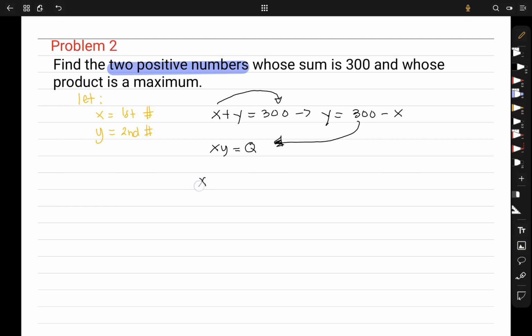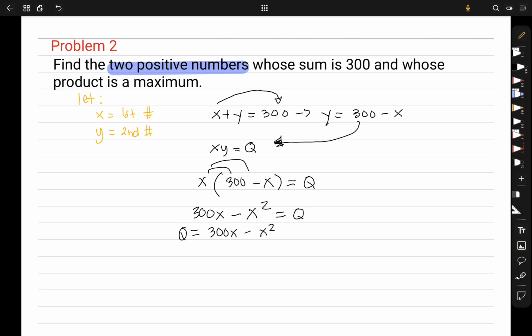So x multiplied by 300 minus x is equal to q. Distribute, so 300x minus x squared is equal to q. So we could rewrite this as q is equal to 300x minus x squared.